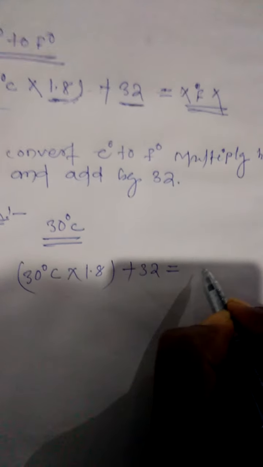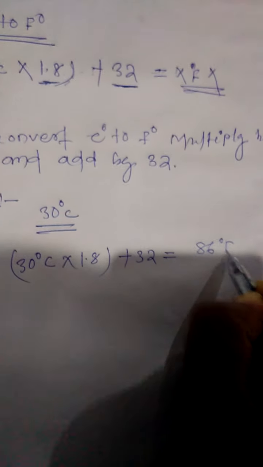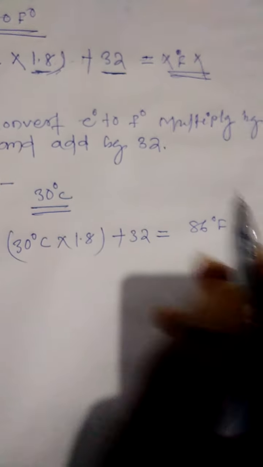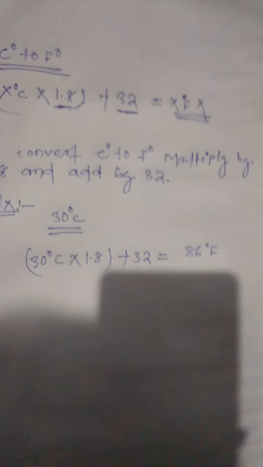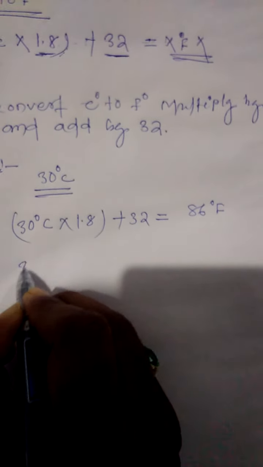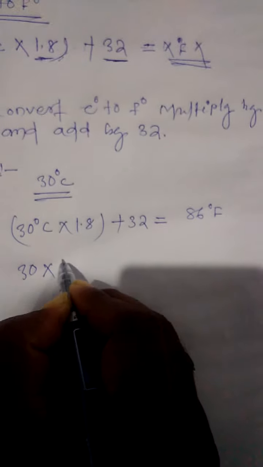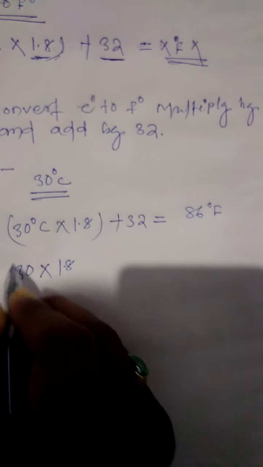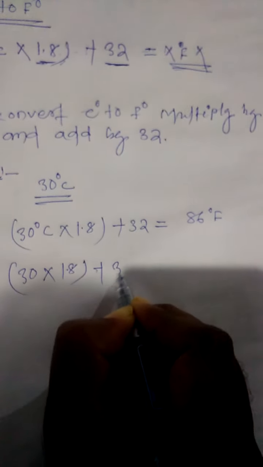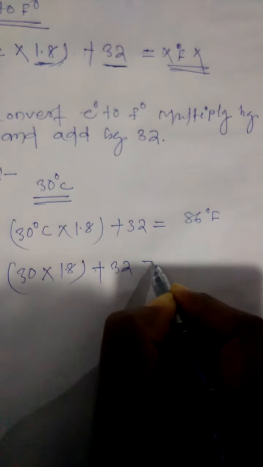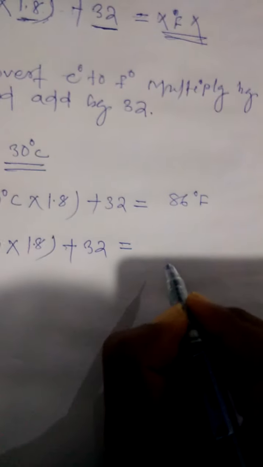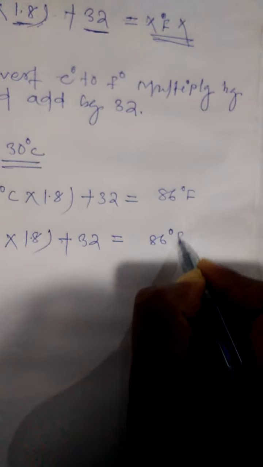Then we will get 86 degree Fahrenheit. Very easy: 30 into 1.8 plus 32.